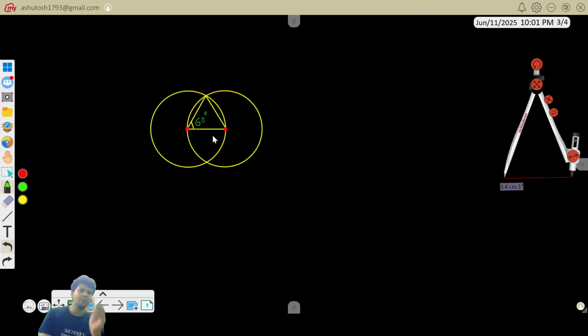Now, in a similar fashion, if we want 30 degrees, what can we do? It's a very, very simple thing. From the point where this 60 degrees is made, we can make a straight line falling on this thing. This line is 90 degrees.